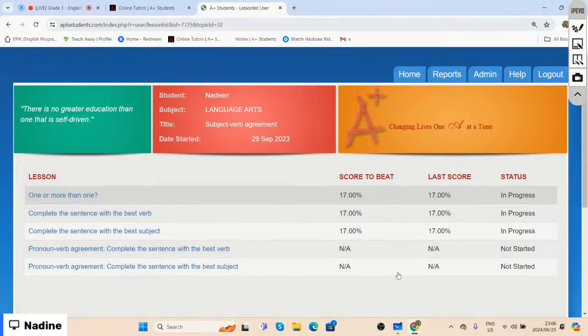Today under the chapter of subject verb agreement, we are only going to be focusing on two of our lessons, which is going to be one or more than one, as well as complete the sentence with the best verb.